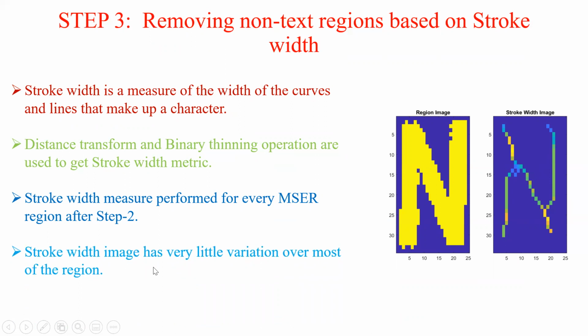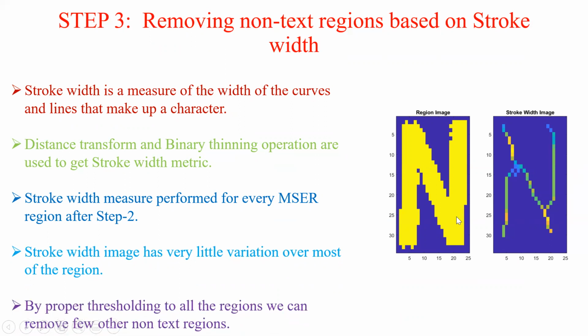Stroke width image has very little variation over most of the region. By looking at this image, we can simply say that variation over this entire region is very less. This is actually a property of letters. By proper thresholding to all the regions, we can remove some of the non-text regions in this step 3.